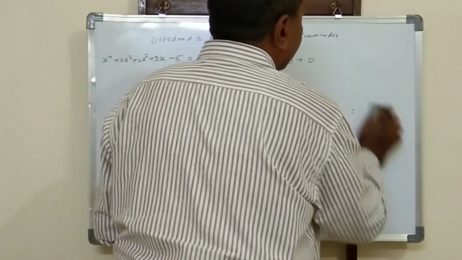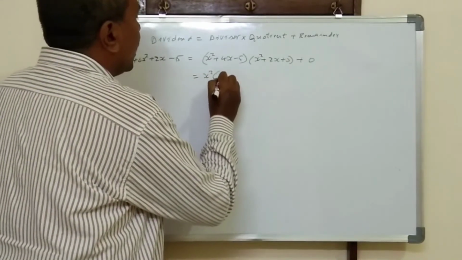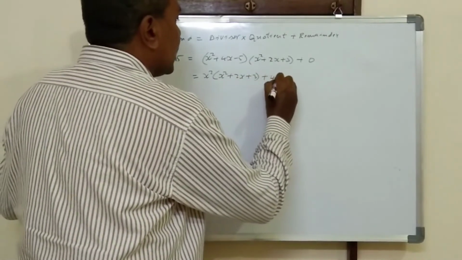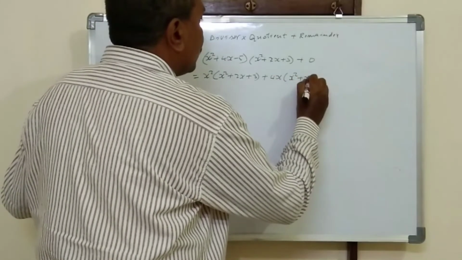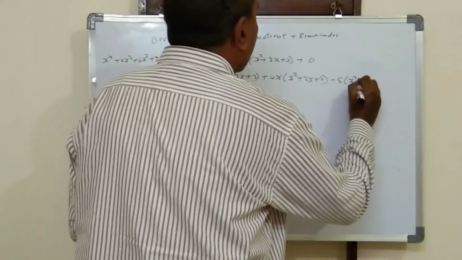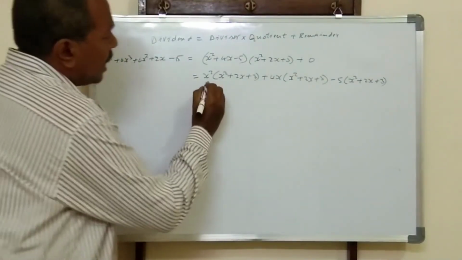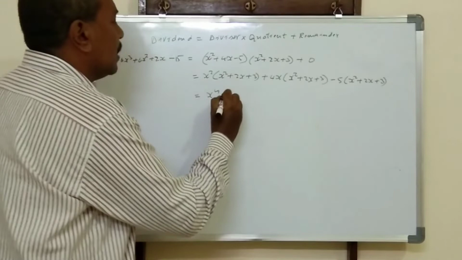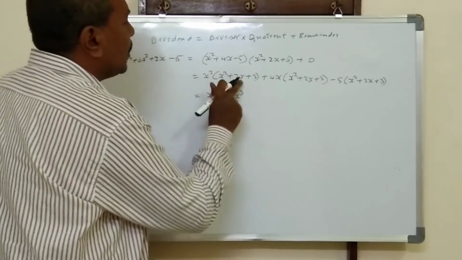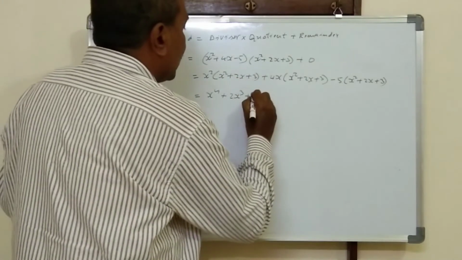Now start multiplying. That becomes x square into x square plus 2x plus 3, plus 4x into x square plus 2x plus 3, minus 5 into x square plus 2x plus 3. x square into x square is x power 4, x square into 2x is 2x cube, plus x square into 3 is 3x square.